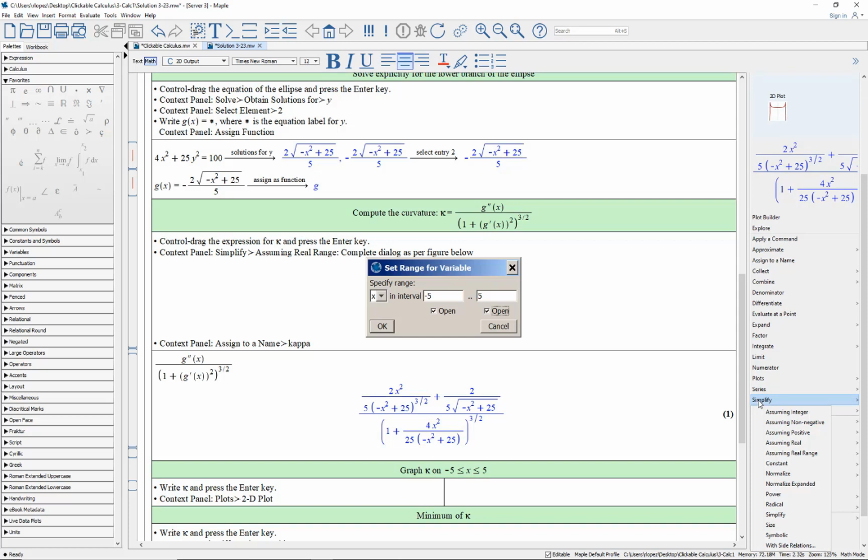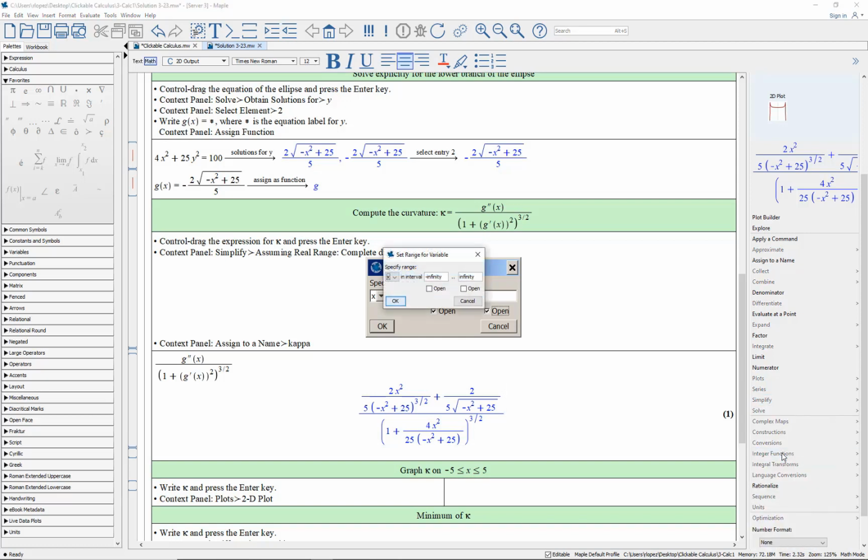And now I inspect and I see I'm going to want 25 minus x squared to stay positive. So I really want x to be between minus 5 and 5. So I'm going to simplify, assuming real range. So I want x to be in the interval -5 to 5.